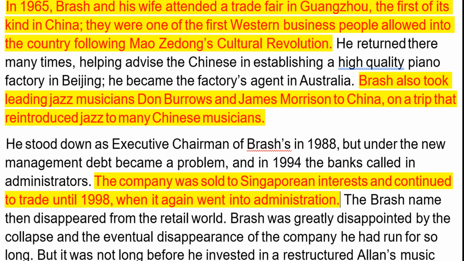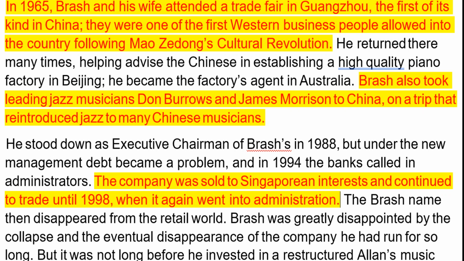Let's go to the seventh one. So in 1965, Brash and his wife attended a trade fair in Guangzhou, the first of its kind in China. They were one of the first Western business people allowed into the country following Mao Zedong's Cultural Revolution.